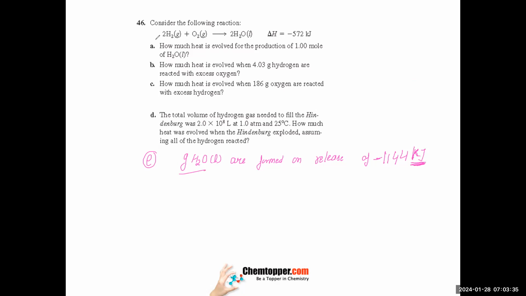Now, what do you know from the balanced equation? You know that 2 moles of water are formed by the release of this much amount of energy. Now, what is given? Start with that. Given is this.